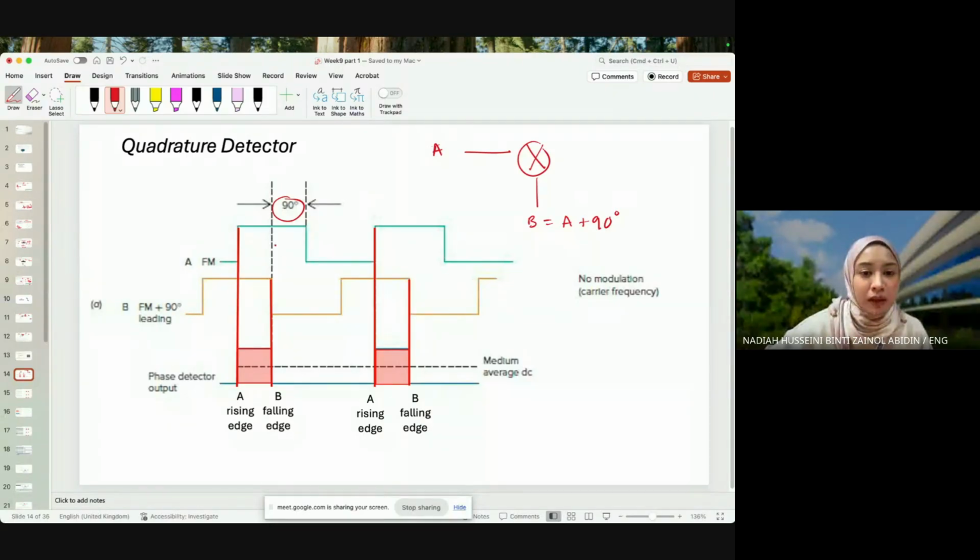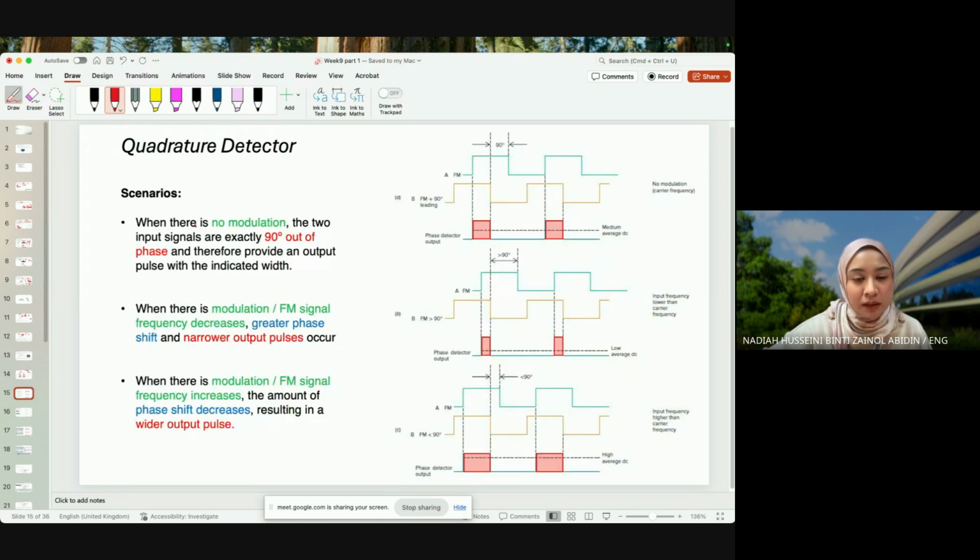When they have exactly 90 degrees phase difference, you would have this kind of pulse, and the detector will detect medium average DC. Bear with me here. Medium average DC is detected at the phase detector. So when there is no modulation, you would get a medium average DC.